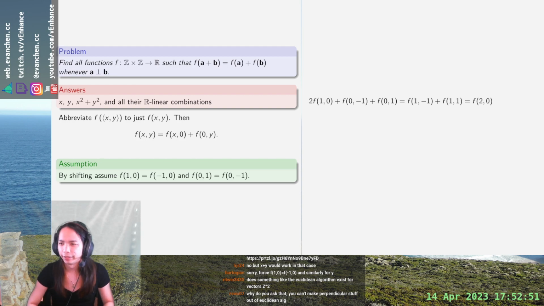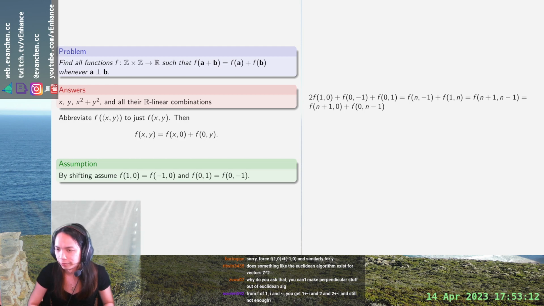Here, what if I just write n? We're okay if we write n? Oh no, f of (n, 1)... equals f of (n+1, n-1). Right.